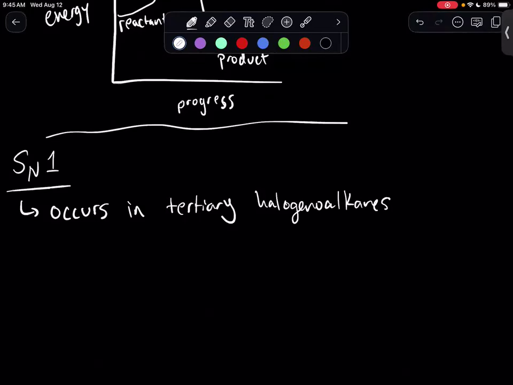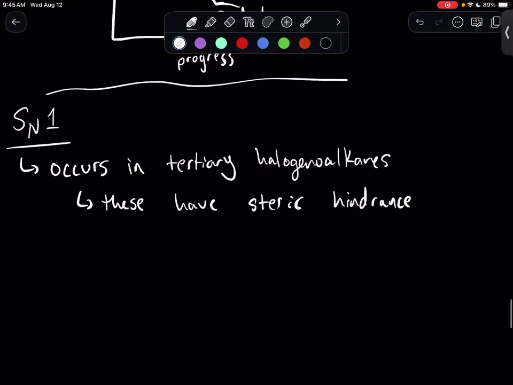Now, the reason this only occurs in tertiary halogenoalkanes is these have steric hindrance. So while primaries did not have steric hindrance, which is what allows for that backside attack, these do have quite a bit of steric hindrance.